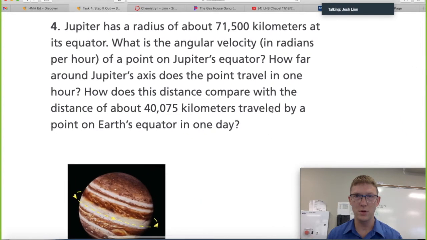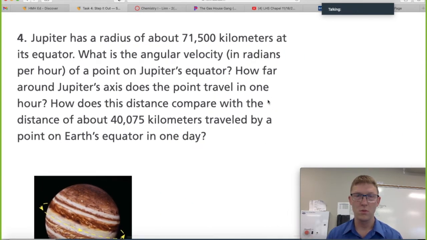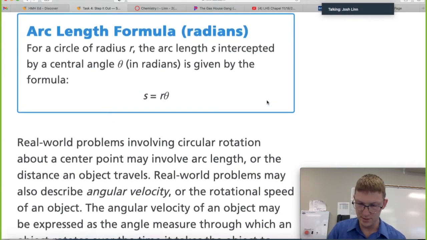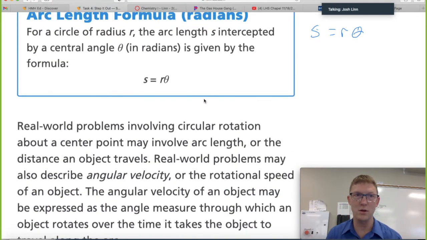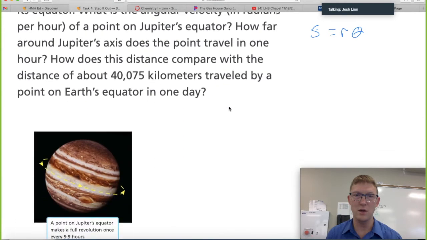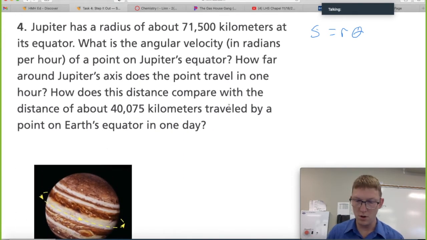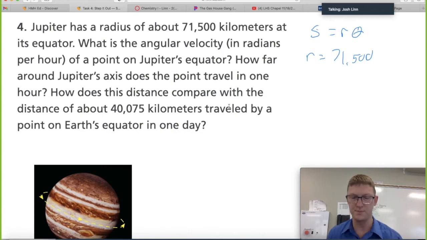Okay, so here we go. We know up here, I'm just going to write down S equals R theta, where S is our arc length, R is our radius. So our radius here equals 71,500 kilometers.